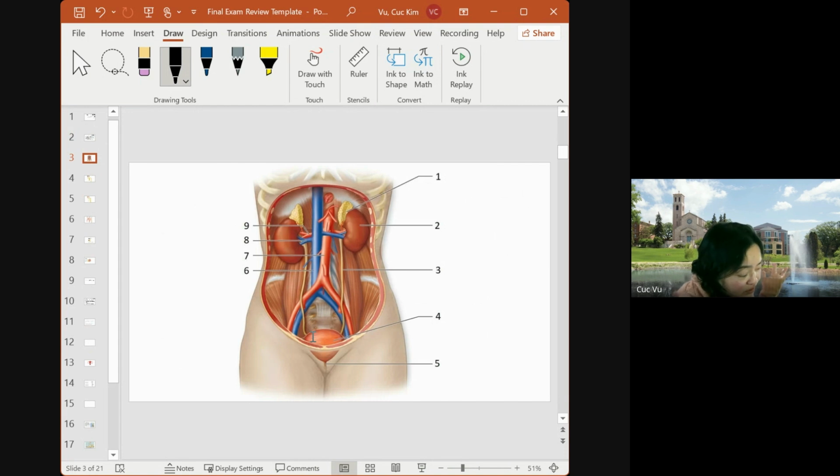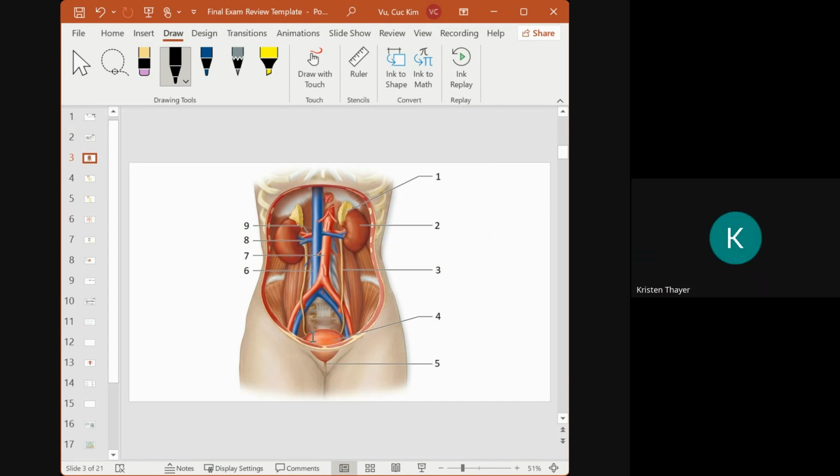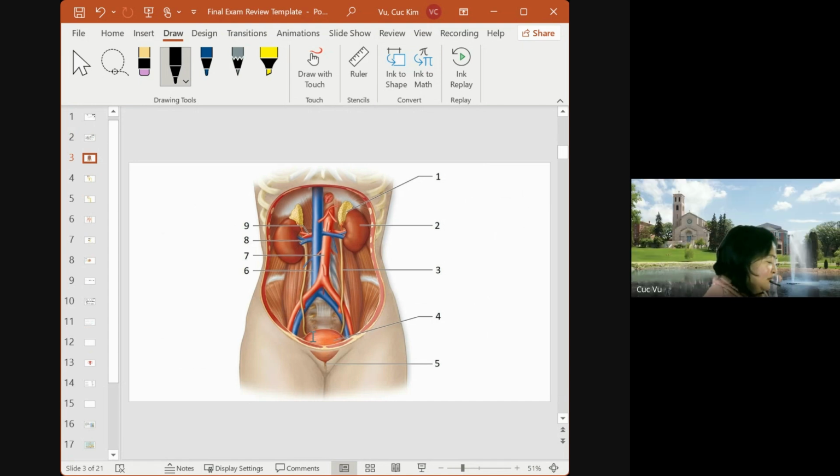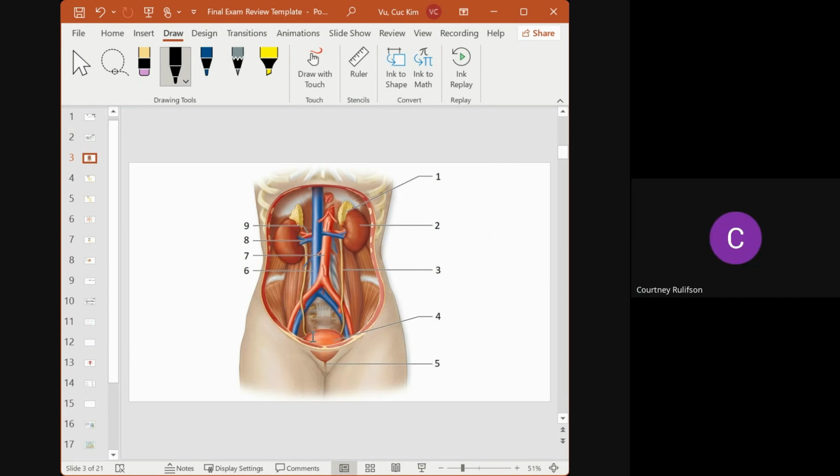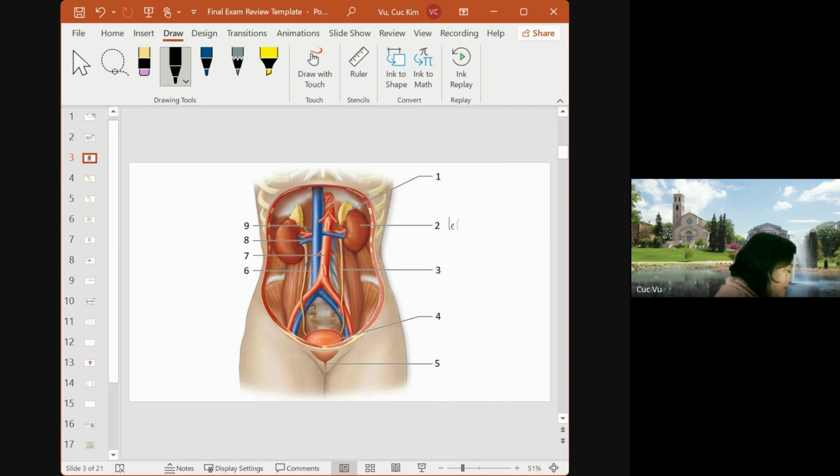So let's do a quick pop quiz. What's number 2? The left kidney. Perfect. And I love that you told me left.